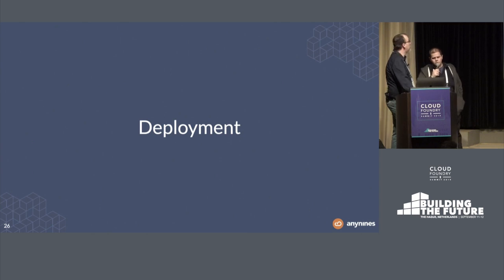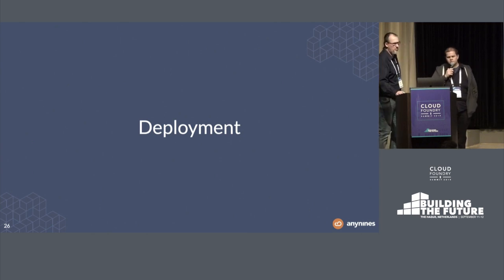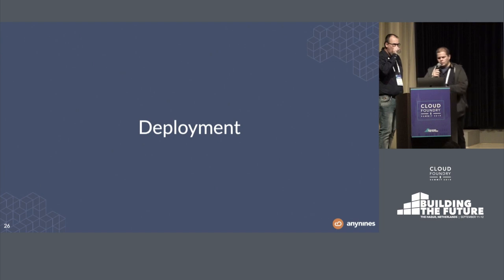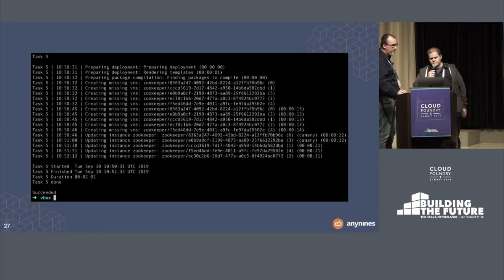Okay, now the third component is the deployment itself. It's not easy to visualize the deployment, but in this screenshot you can see a deployment being created. What happens is BOSH reads the configuration for the deployment.